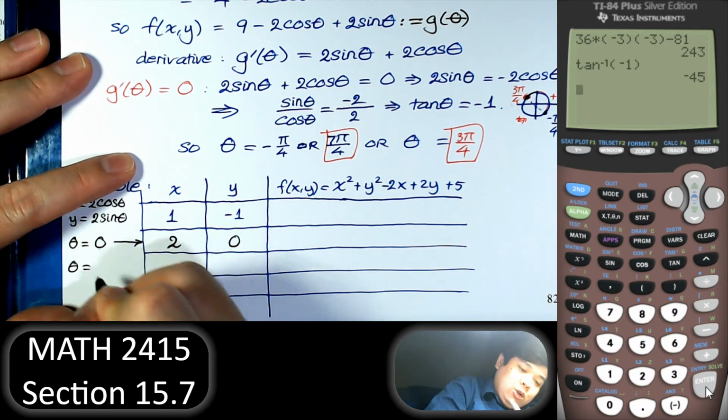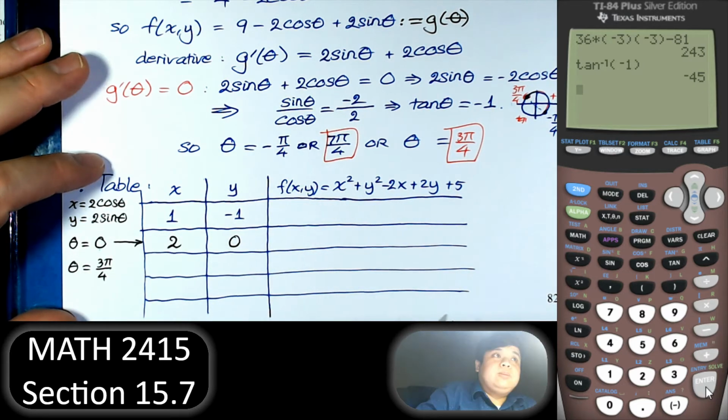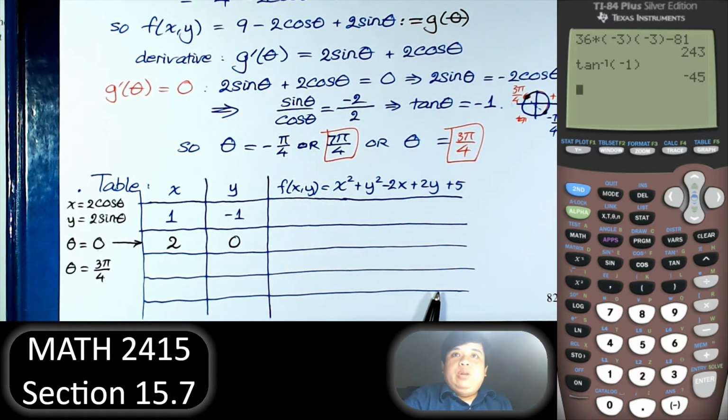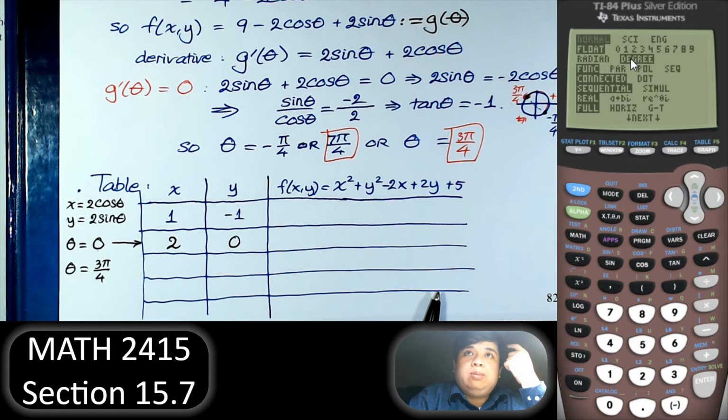So that's where theta equals 0. Where theta equals 3 pi over 4, we just do this quickly. By the way, 3 pi over 4 is 135 degrees. So 2 cosine, 2 sine of 135, yes, we have it in degree mode.